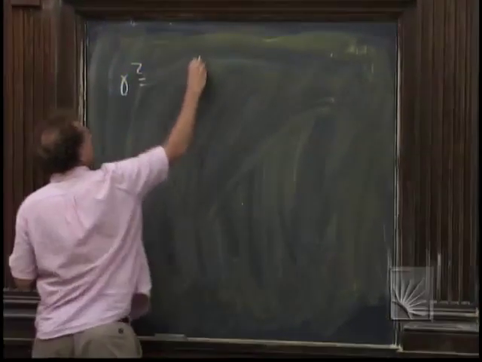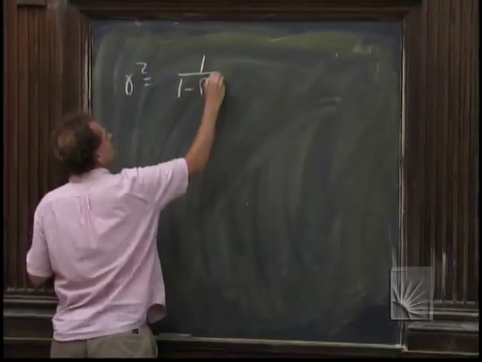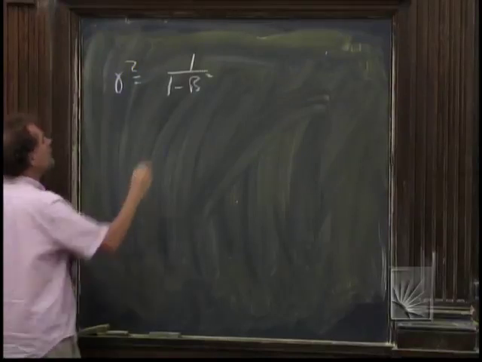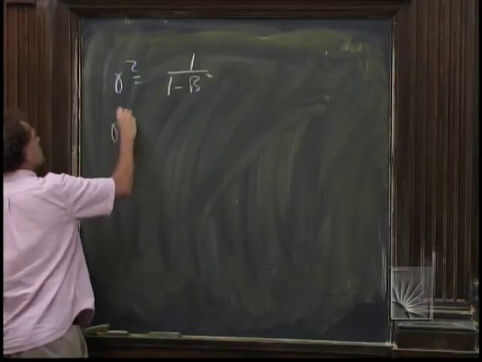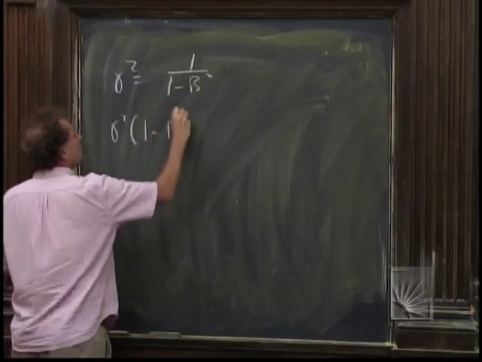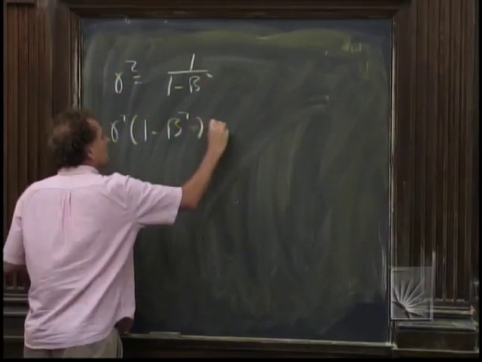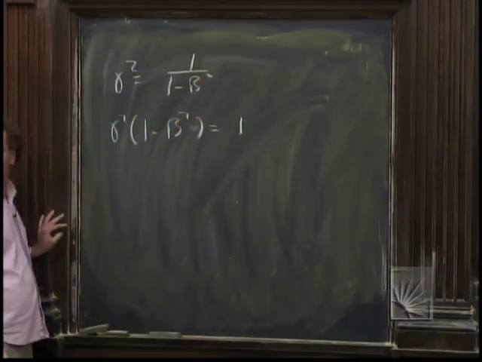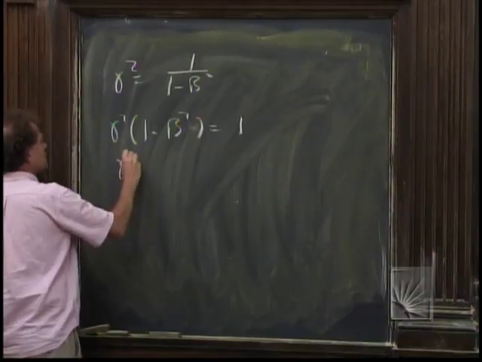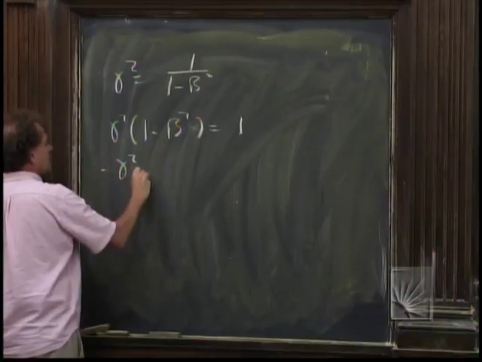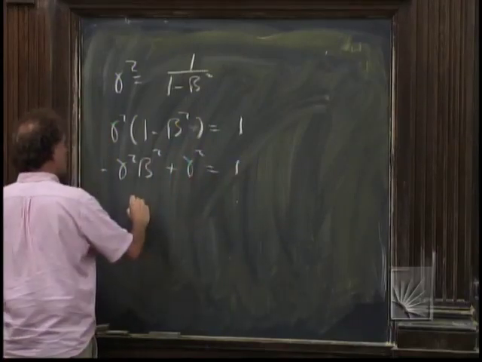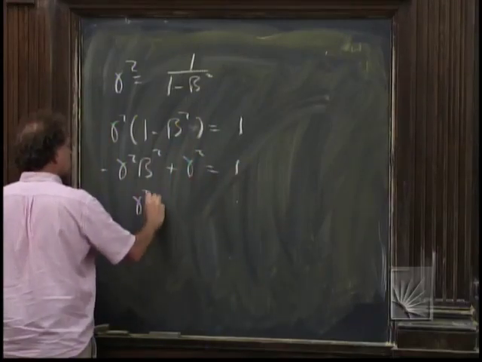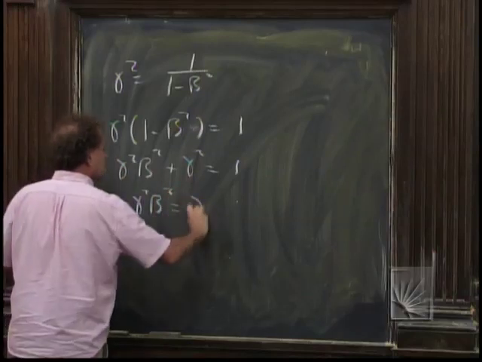What's gamma squared? It's 1 over 1 minus beta squared. Okay? So let me multiply both sides by 1 minus beta squared. So gamma squared times 1 minus beta squared is 1. Right? So then gamma squared minus gamma squared beta squared equals 1. That is to say, gamma squared beta squared is gamma squared minus 1.